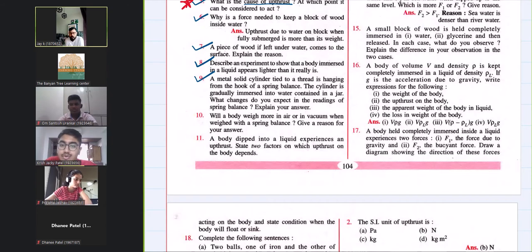This is because the weight is equal to the upthrust at that time when it is submerged. Okay. So there are few changes in what you have said, which I would like to make. So first thing, you will say that do not mention any quantities.